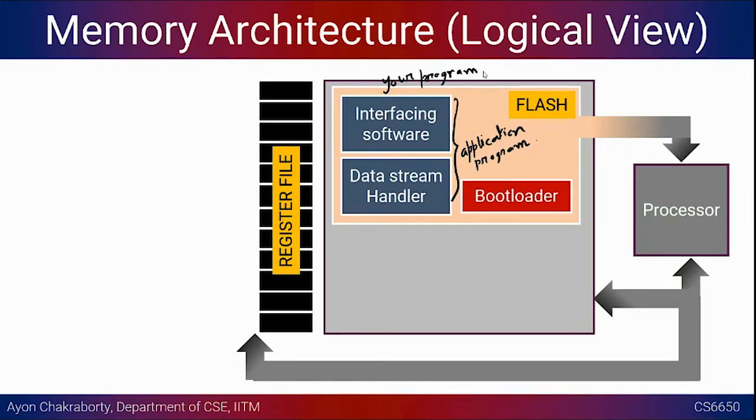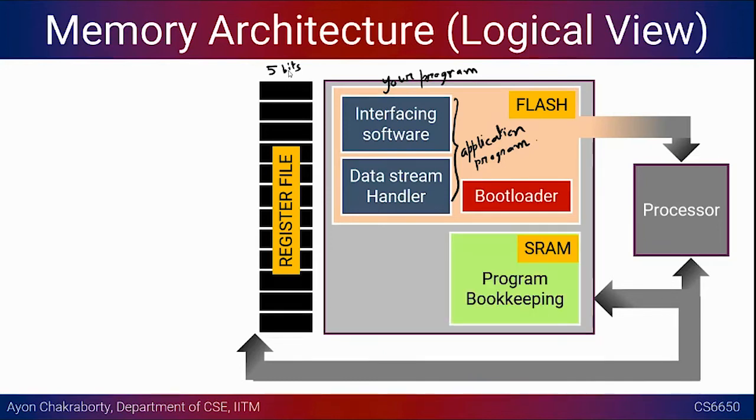There are 32 registers in this case, so they can be identified by a 5-bit address. While we were discussing the instruction sets, we saw that many a time we address a register using 5 bits. Some of these are general purpose. If you want to use them for your own computation, you can do that.